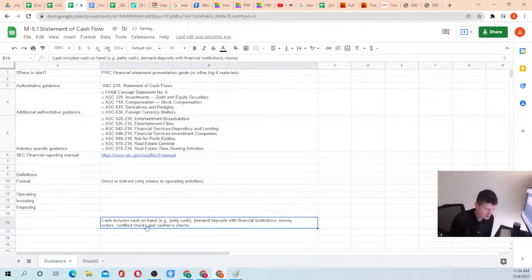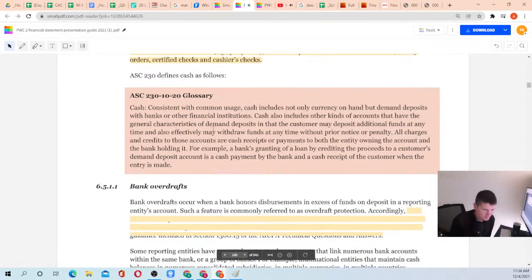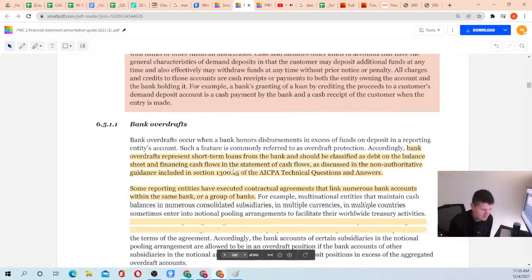Cash includes cash on hand, demand deposits with financial institutions, money orders, certified checks, and cashier checks. Okay, finally we got to some meat here. There is a bigger definition of it, like additional, may deposit additional funds at any time and also effectively may withdraw. All kinds of accounts that have the general characteristic of demand deposits, and so on.